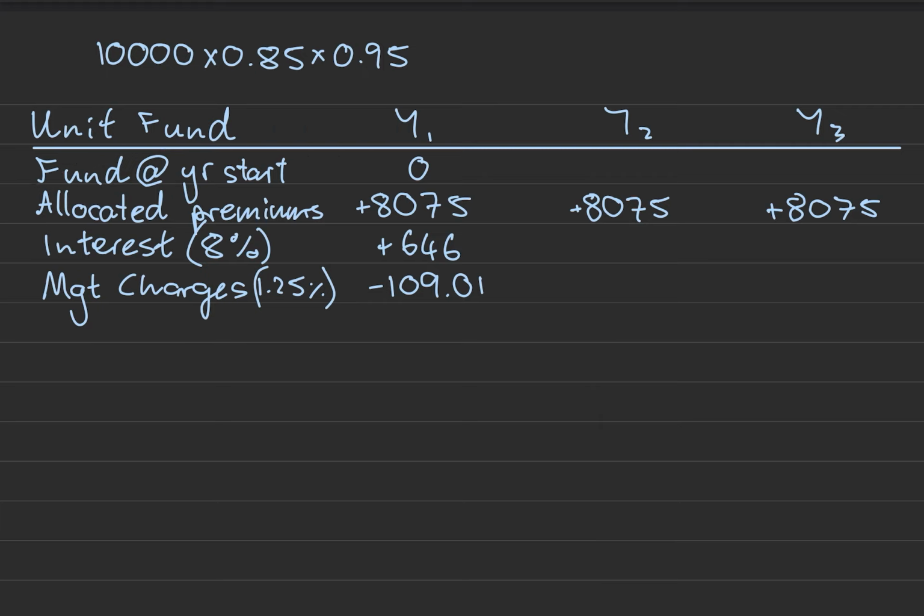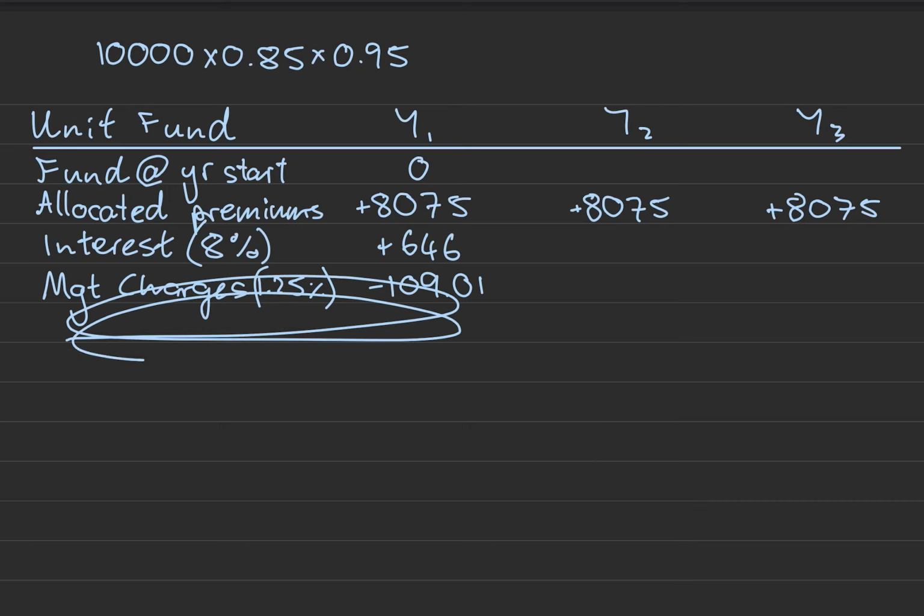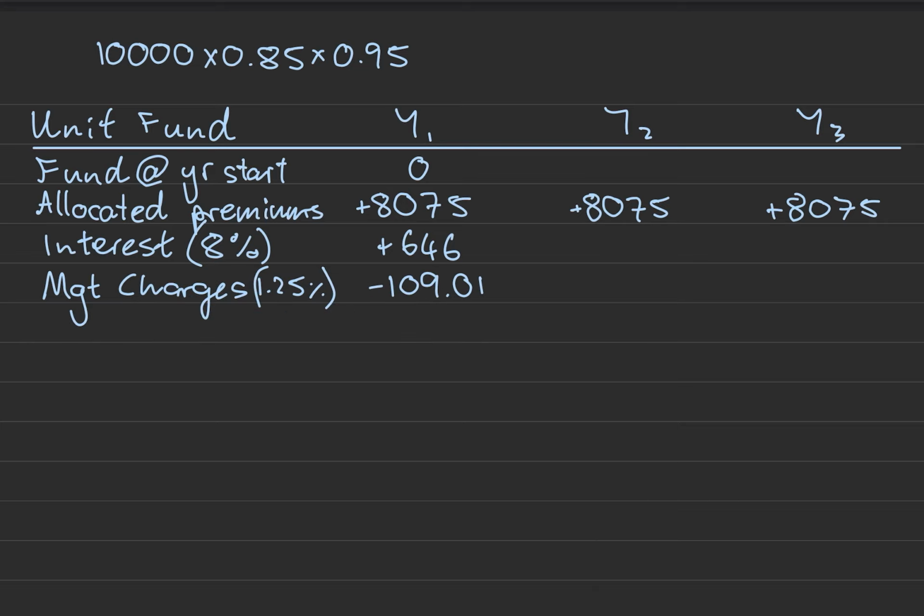Now I'm not going to actively take into account the death benefit here, because that would affect the fund at the start of the next year, and then it would affect the death benefit there. So I just know that the amount that's going to be contributed to the death benefit is going to be this fund at the end of the year. Okay, and I'll explain this a little bit more.